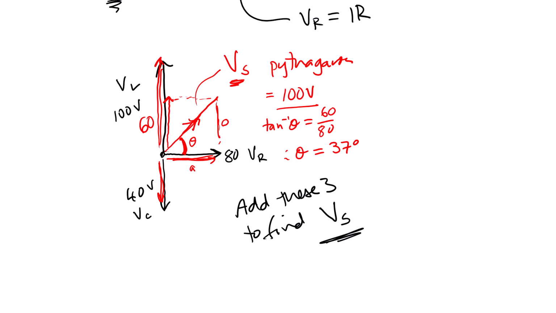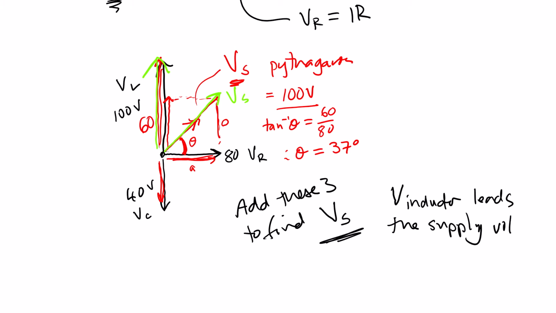So let's look at this diagram. We've got the voltage across the inductor, and now we've got the supply voltage. So we can say that the voltage of the inductor leads the supply voltage by 90 minus 37, which is 53 degrees. So that's here, 53 degrees.